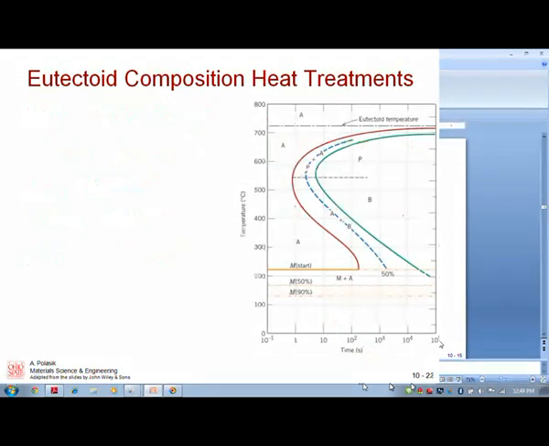Okay, now let's talk about some combinations. So we're going to have this certain set of yield strengths. Let's talk about coarse perlite, fine perlite, bainite, and martensite. Which has the lowest yield strength? We already talked about coarse perlite is less than fine perlite and bainite.